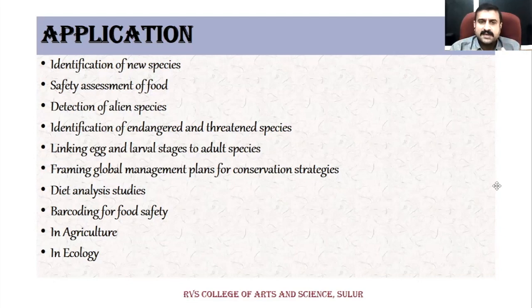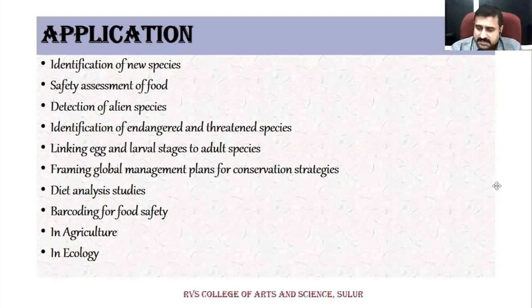You will be able to pull out the DNA and amplify it. Anything is possible if you give a picogram of DNA. I'm not even asking for a nanogram of DNA. If a picogram, 10 raised to minus 12, of DNA is available, then you can very well do DNA barcoding. So for endangered species it is possible.